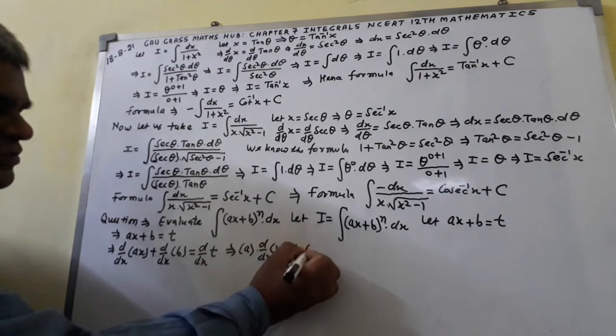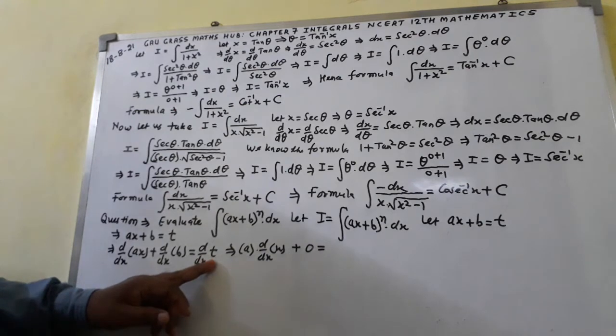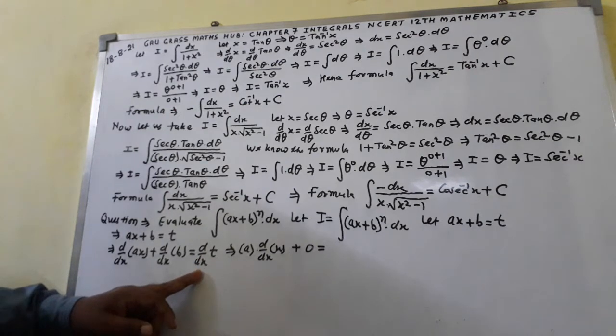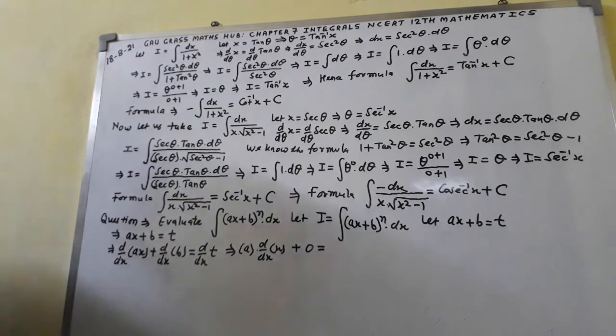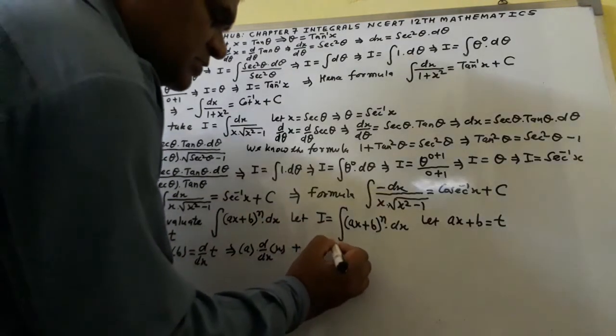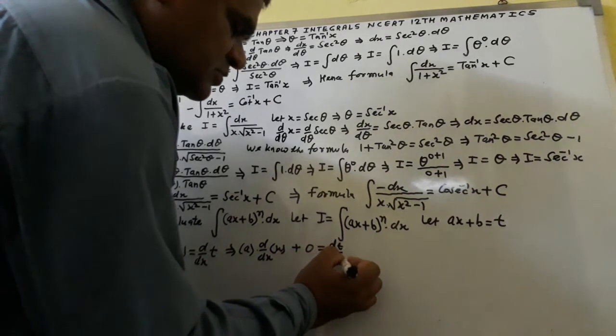So here we will get 0 equal to, here in centered function t is available, denominator x is available. T will be conjugated with d, comes out to be dt over dx. So here write dt over dx.